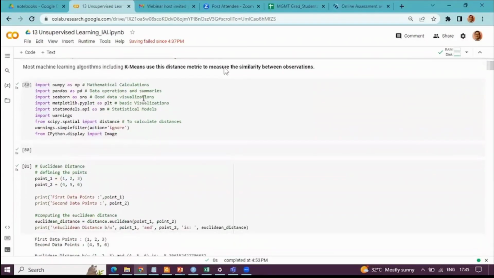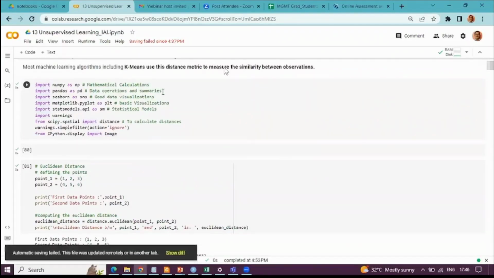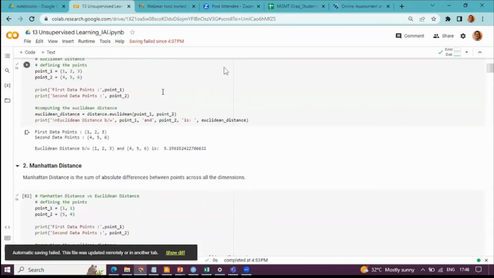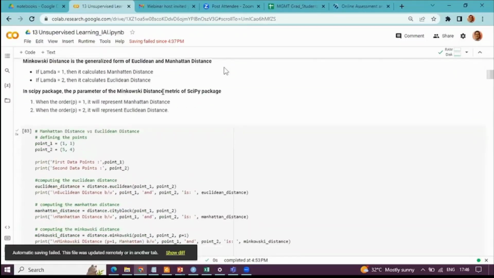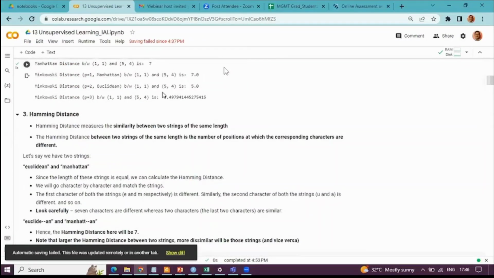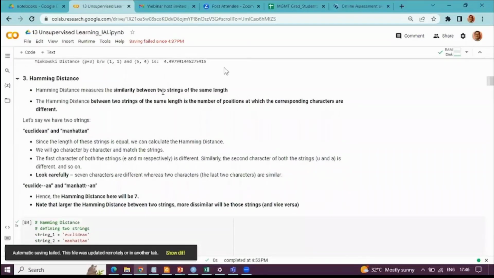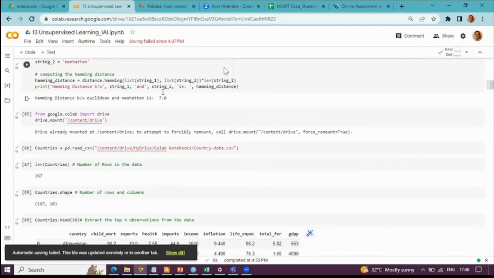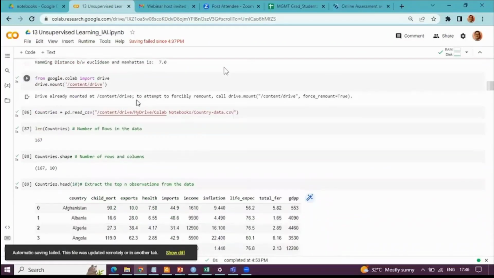We discussed the very important distance mechanisms: Euclidean, Manhattan, Minkowski, and Hamming. Hamming comes in handy mostly in the case of string-based textual data. Then we started working with the data.